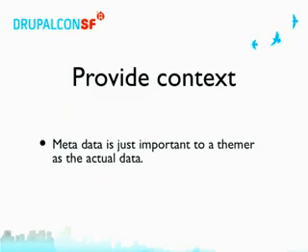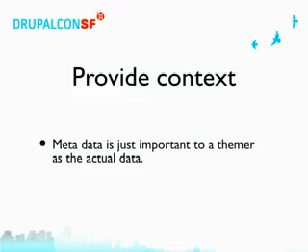One of the things that I mentioned briefly before, but I want to give a whole other slide, is provide context. Metadata is just as important as the actual data. If a themer sees a particular theme hook and it happens to be reused a lot, which is great, it needs to have some context of knowing what kind of data this actually is.